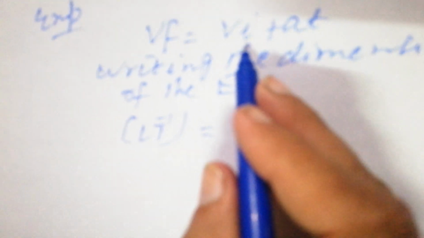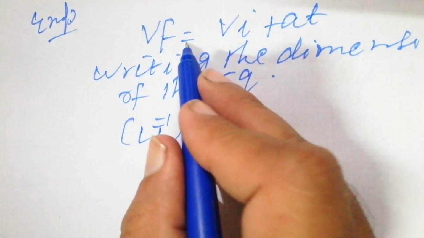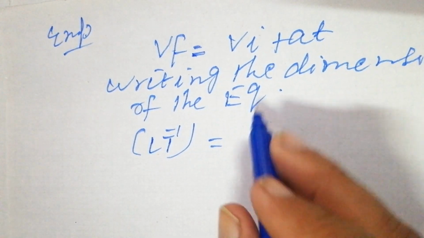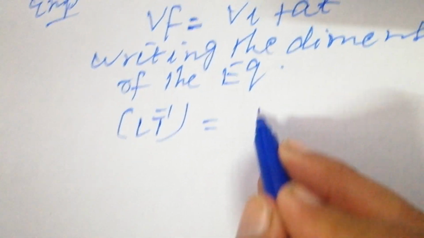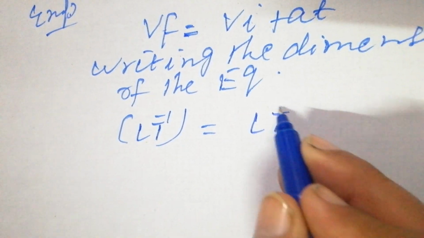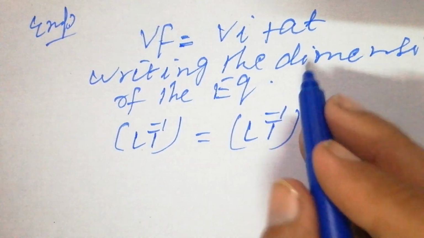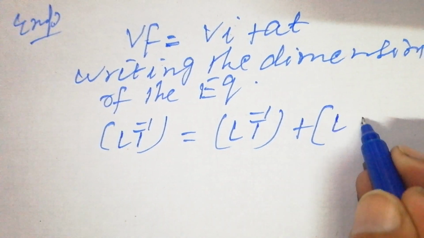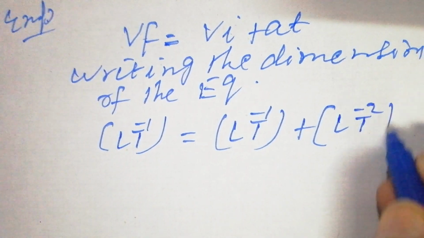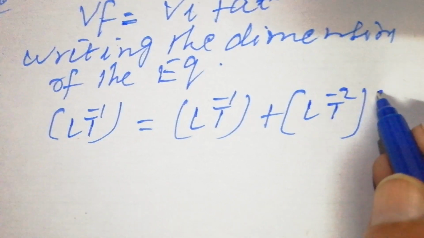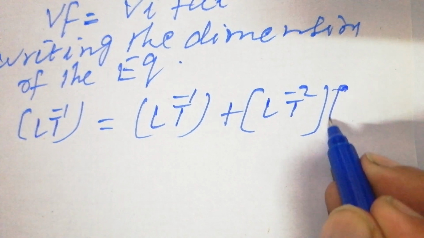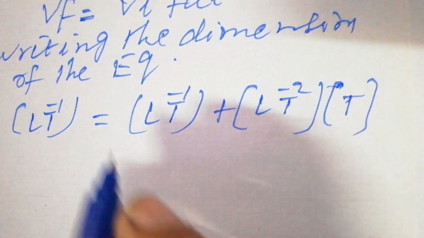Similarly, writing the dimensions on the right side: Vi is the initial velocity, and the dimension of the velocity is LT^-1, plus acceleration. The dimension of the acceleration is LT^-2, and the dimension of the time is capital T. So look again here.